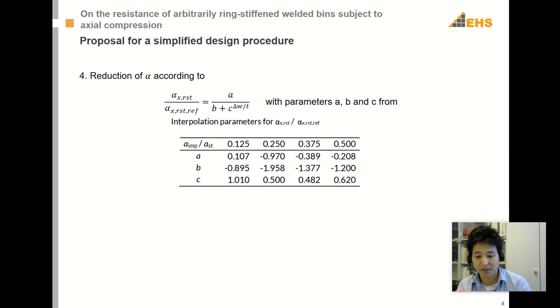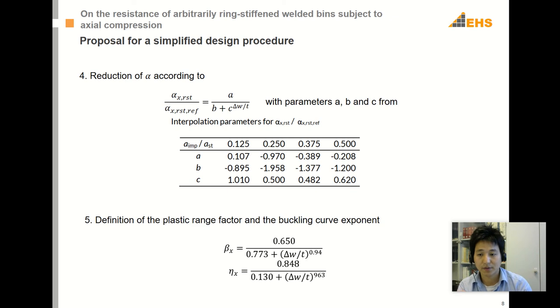And after that, the plastic range factor and the buckling curve exponent can be calculated with these equations, where the parameters of the equation are obtained, for example, using the curve fitting approach based on the numerical results.